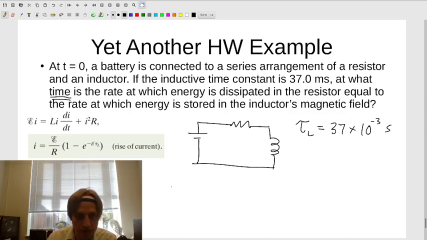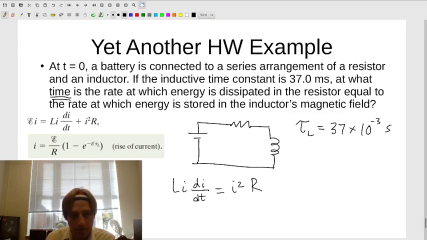So you're saying essentially L i di dt equals I squared times R. Okay? And so you can divide off an I from both sides. In fact, I'm going to help you one more step.